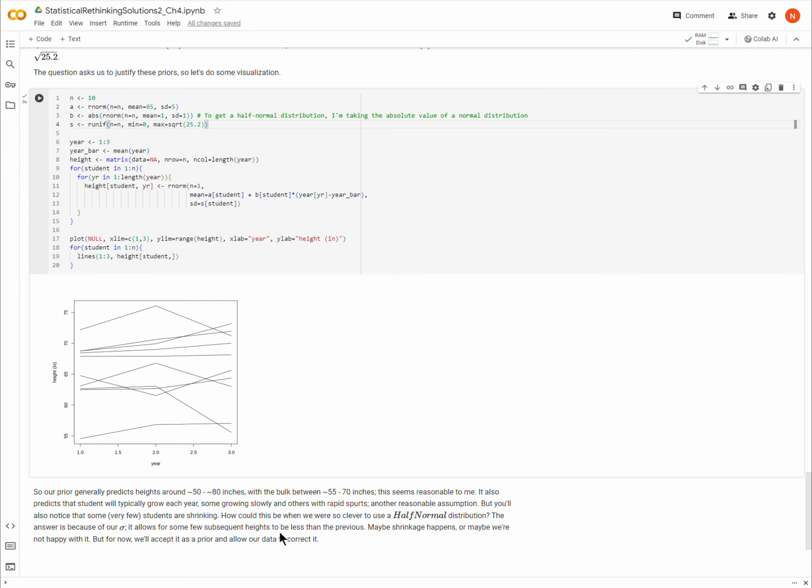But in this case, we're going to ignore it, and we're going to trust that the data will correct these weird downward deflections in the prior, so that the posterior will not have these shrinking trajectories. Okay, that's all.